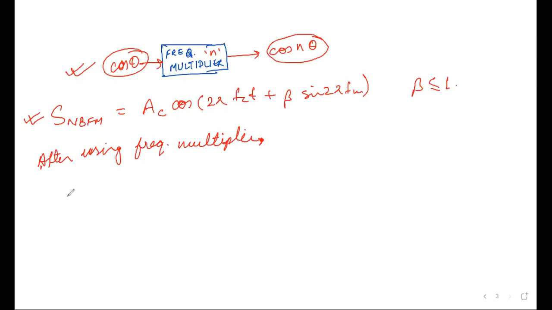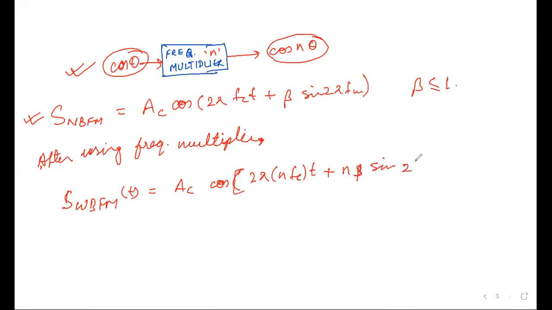So after using the multiplier, what will we get? We will get the wide band FM s(t) in terms of Ac cos of 2 pi n Fc t plus, okay, sorry, n beta times sine 2 pi Fm t, okay, where n beta is greater than 1.